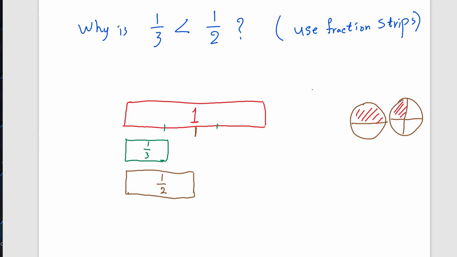Each unit fraction in the first one will be bigger because we divide less. So when you divide less, you get bigger parts.